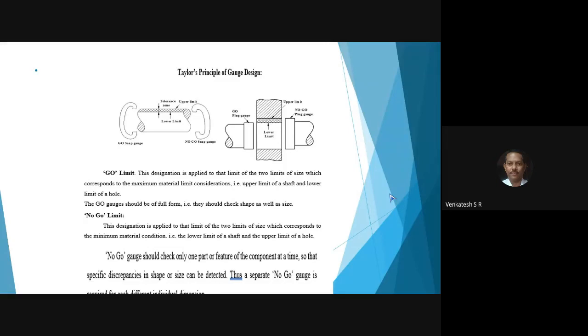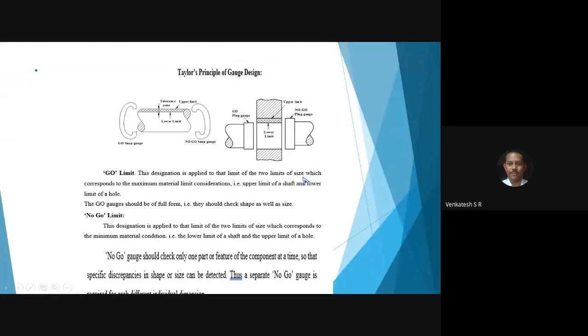And Go should check the lower limit and No Go should check the No Go limit. That is nothing but the component can be accepted or rejected. Only two criteria. One is accept, the other is reject.